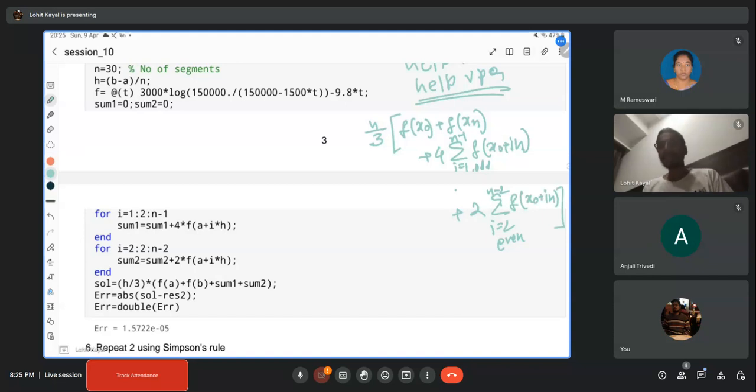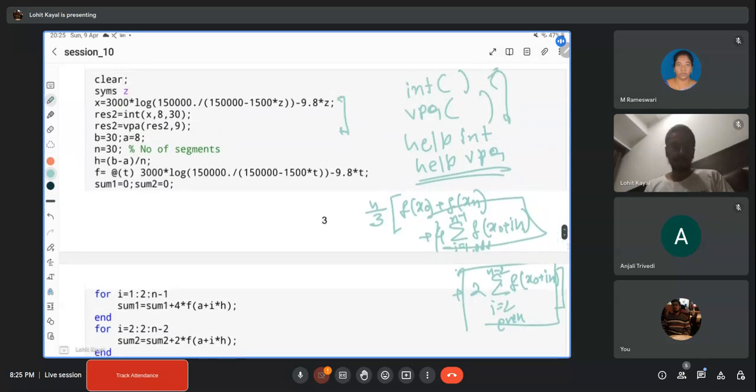Sorry, I don't have space over here. So here, unlike the trapezoidal rule, I need to use two summations. That is not a problem.